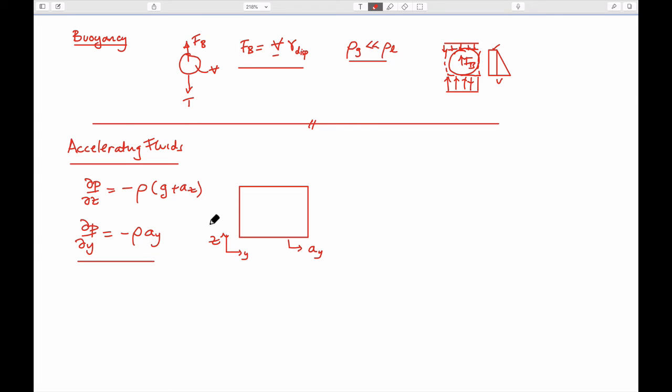So if we plotted across this length of the tank, and referenced the fluid pressure to some magnitude P0, we can always get the change in fluid pressure, dP dy in this particular case. So this is just the pressure changing as we go across the tank.